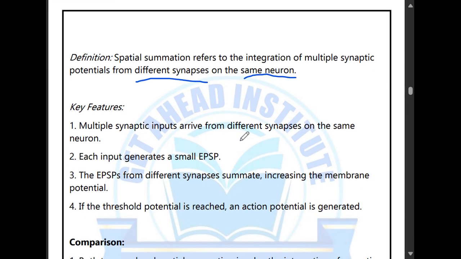The key feature of spatial summation is that multiple synaptic inputs arrive from different synapses on the same neuron. Each of those will generate small excitatory postsynaptic potentials. Those EPSPs coming from different synapses will summate, and when they summate, they increase the what? The membrane potential. Are we together?